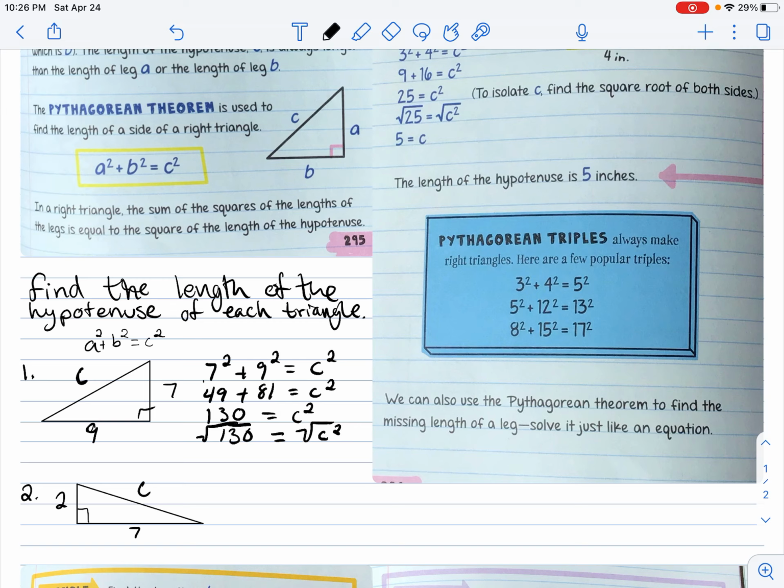The square root of C squared is just going to be C. And then the square root of 130 is going to be 11 point something, because 11 times 11 is 121. So I know it's greater than 11, but it's less than 12.